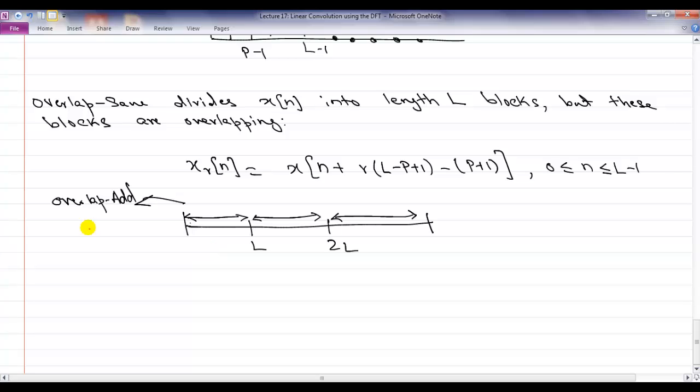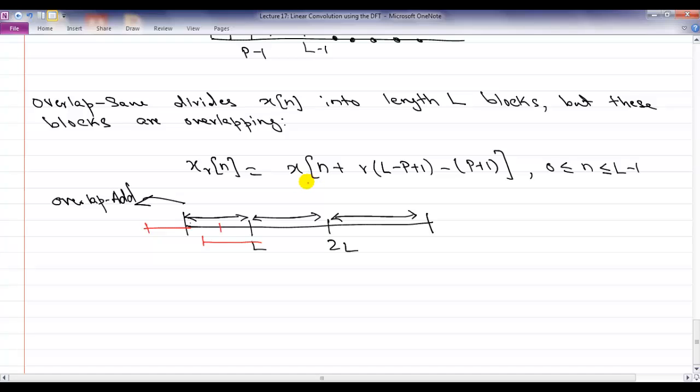Instead of starting at 0, we'll start, for example, here. And similarly, we next go to L blocks, so we take L samples, but now the next block will start here, and so forth. We'll see a better picture of that in a moment.